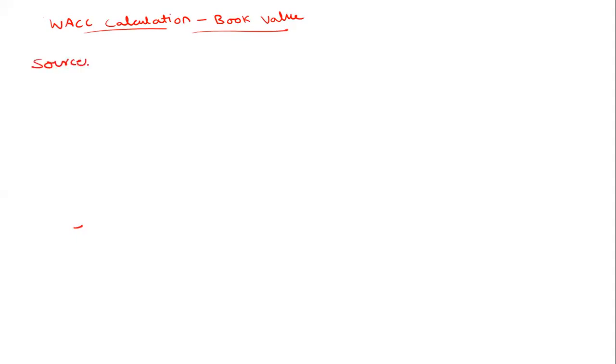First is sources. We have amount and then we have weights, specific cost, and lastly your WACC, or you can write total cost, whatever it is. Sources ಅಲ್ಲಿ ಏನೇನ್ ಕೊಟ್ಟಿದ್ದಾರೆ?